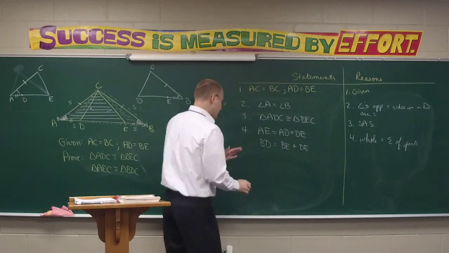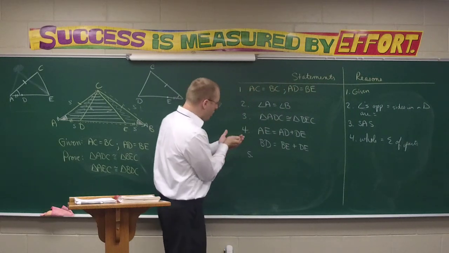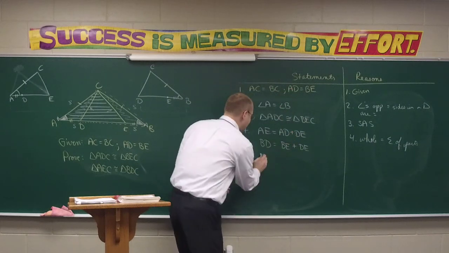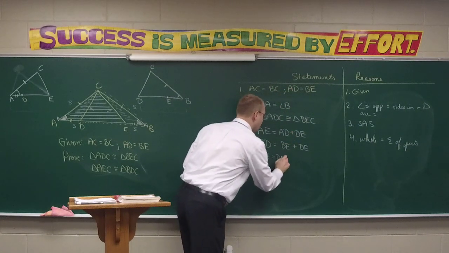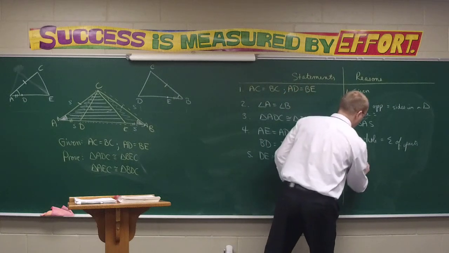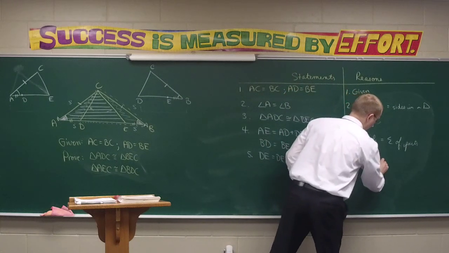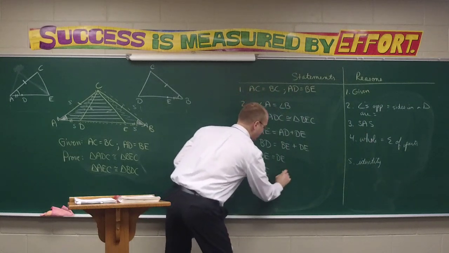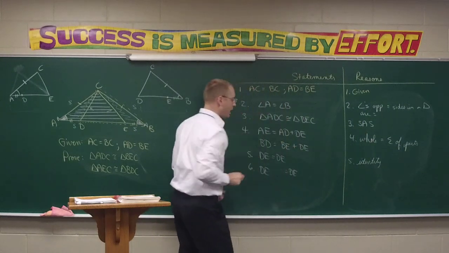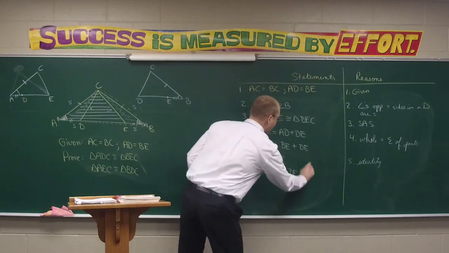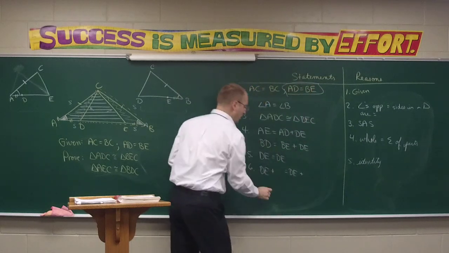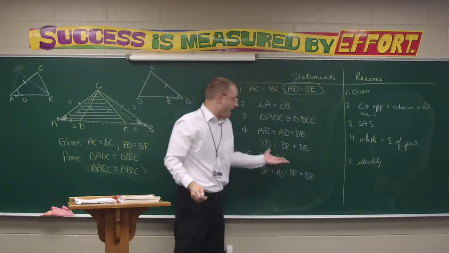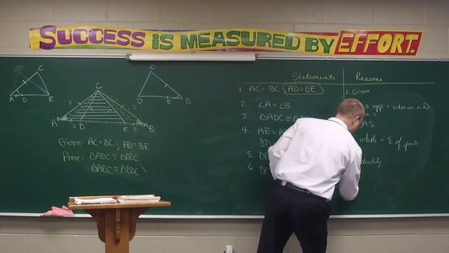And furthermore, I know that AD and BE are given as equal, and DE must be equal to itself by identity. And therefore, if I took equal quantities like DE and DE, and to these equal quantities I added other equal quantities, like AD and BE, well, they have to be equal because of the addition axiom.